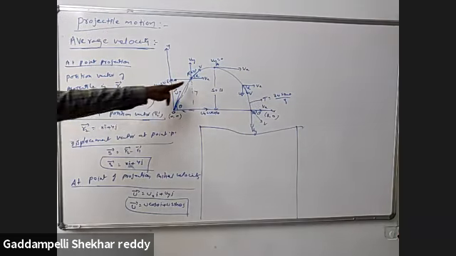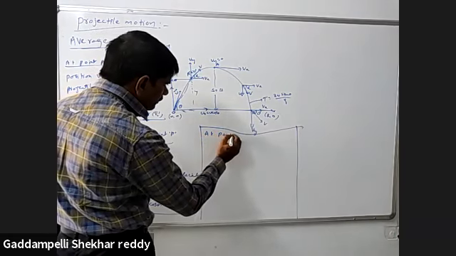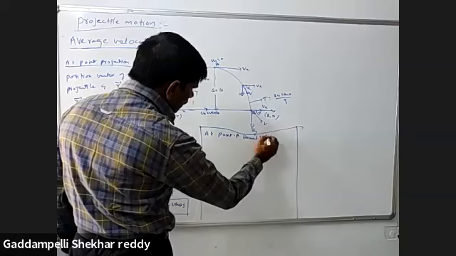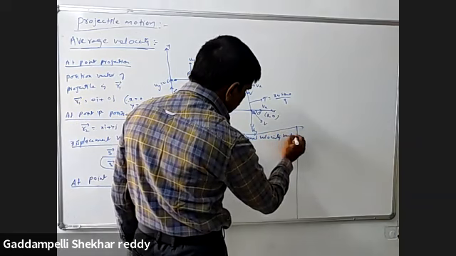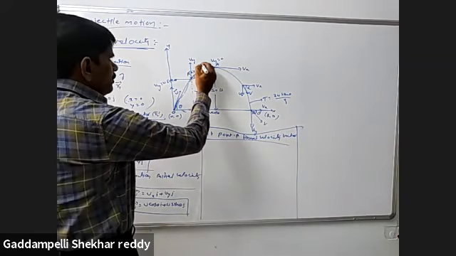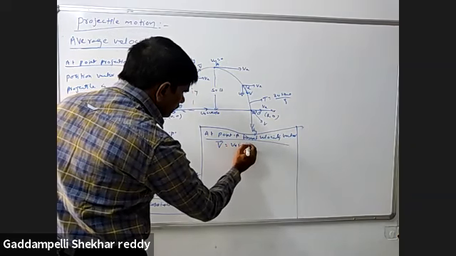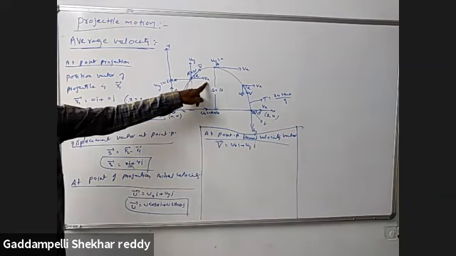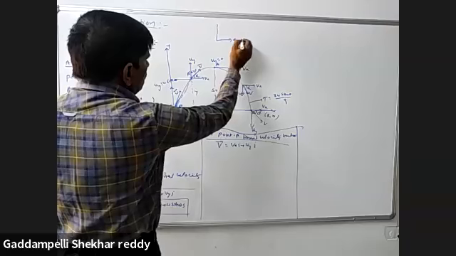Next, at point P, the final velocity vector, which we write as V bar, is equal to Vx i plus Vy j. Here Vx remains constant, because along the horizontal direction the acceleration ax is equal to 0.